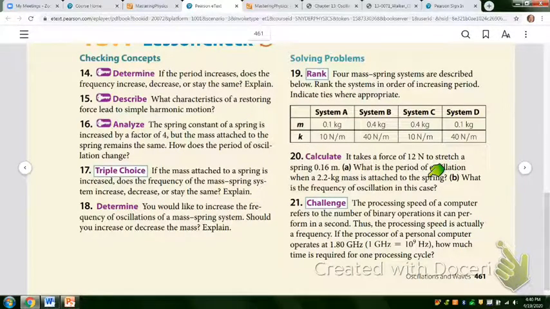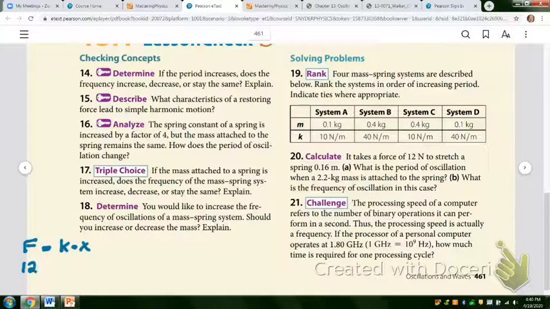So remember, the spring constant doesn't change no matter what force you're applying to it. So I can use this to find the spring constant. Remember that. Force is equal to K times X. And in this problem, the force was 12 and the spring was stretched 0.16.